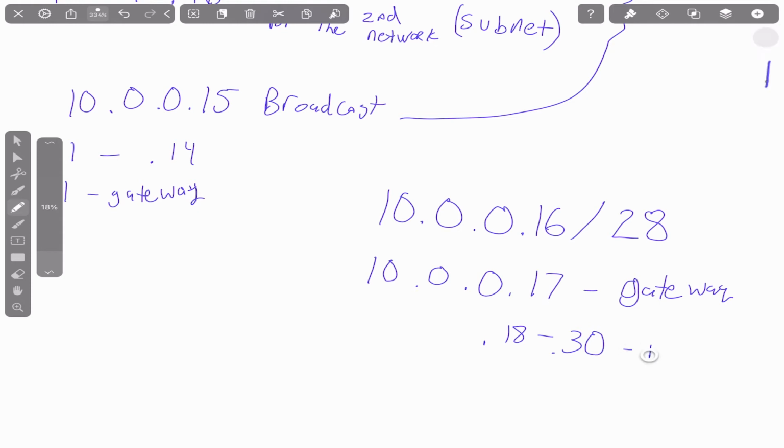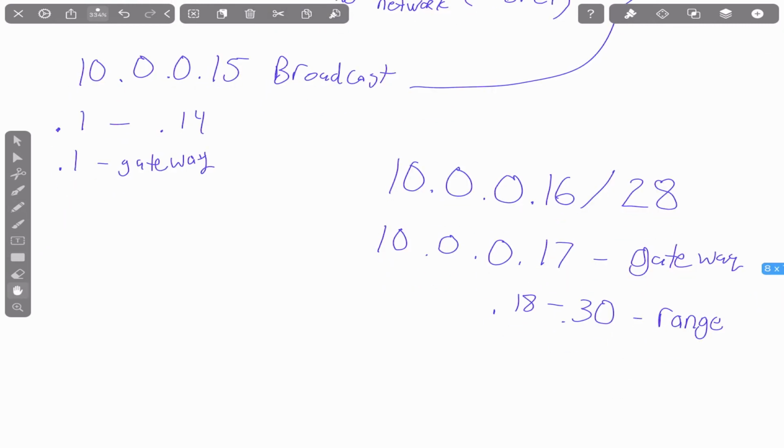These are the actual IP addresses that we can assign to anything we want. A lot of the time the range technically is .17 to .30, but I would go a step further to say .18 to .30, just because I know that the first address is going to be the gateway.